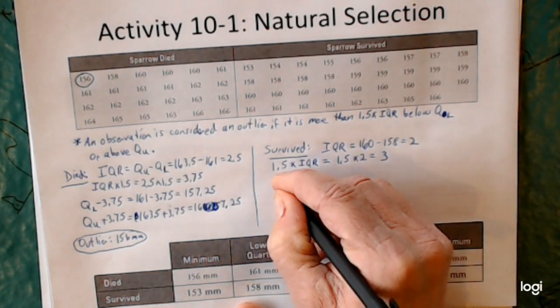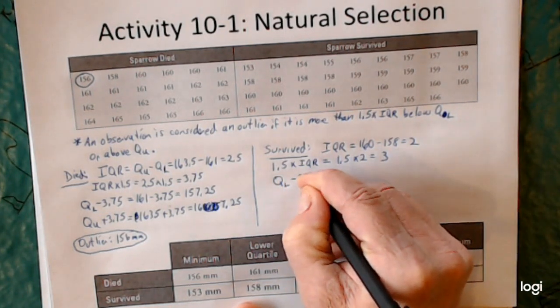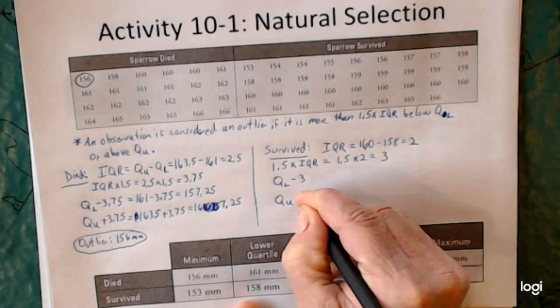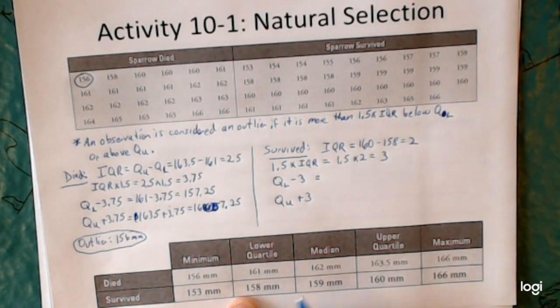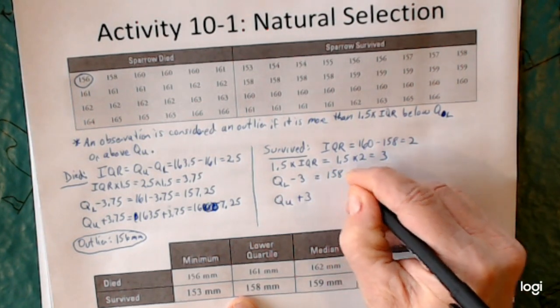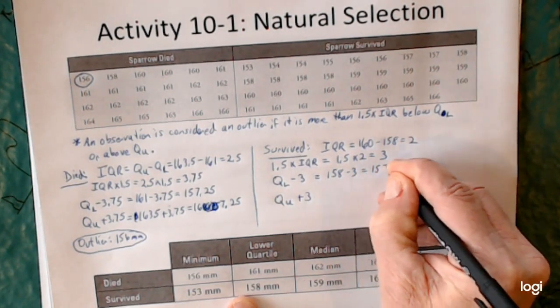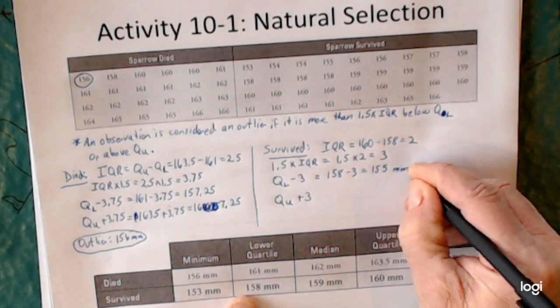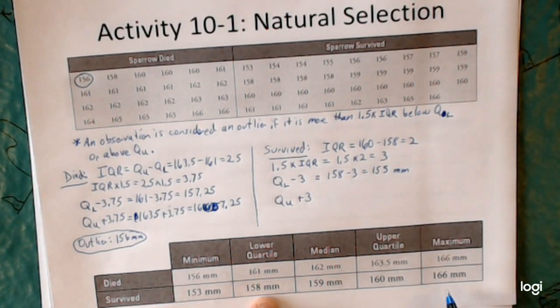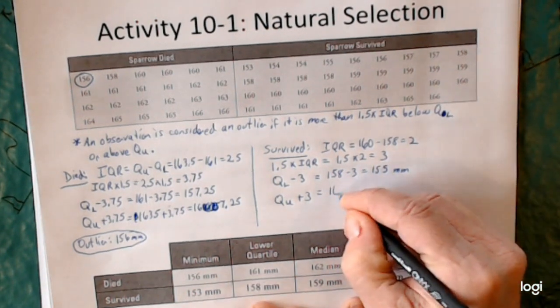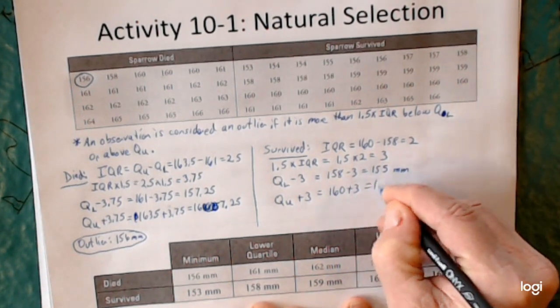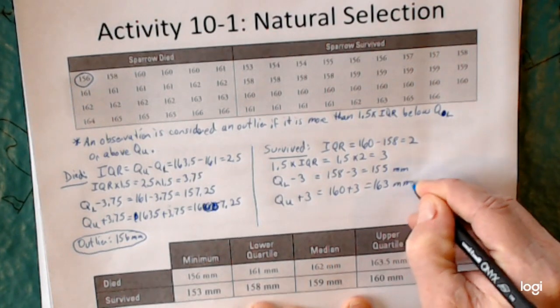And then we'll do our lower quartile minus 3, and our upper quartile plus 3. So my lower quartile is 158 minus 3, which gives me 155. And my upper quartile plus 3 is 160 plus 3, or 163 millimeters.